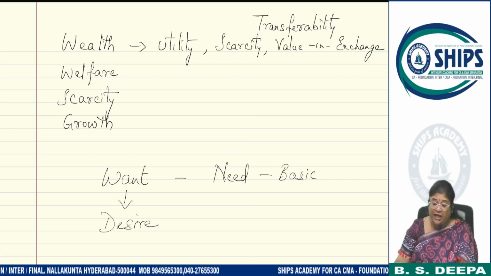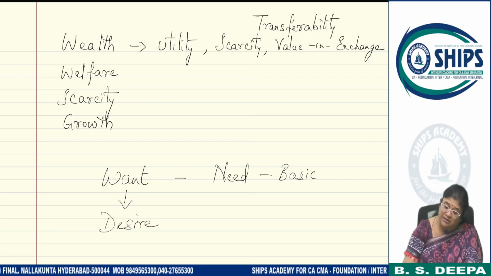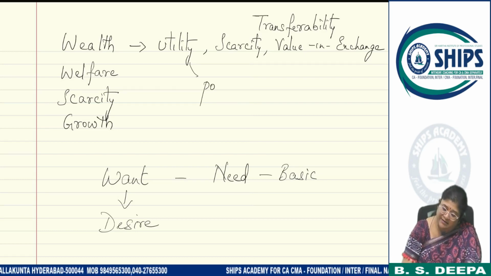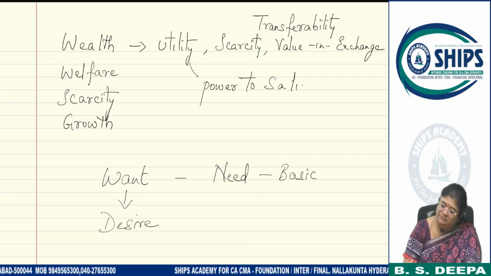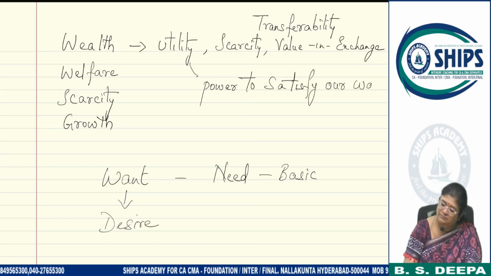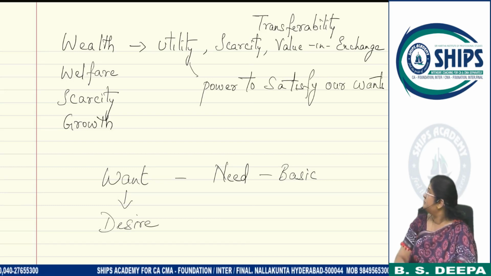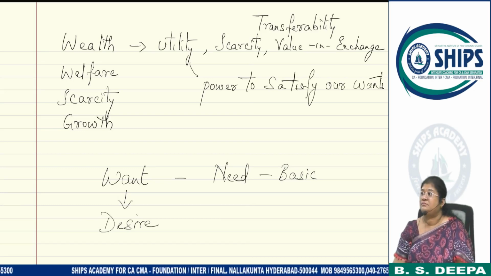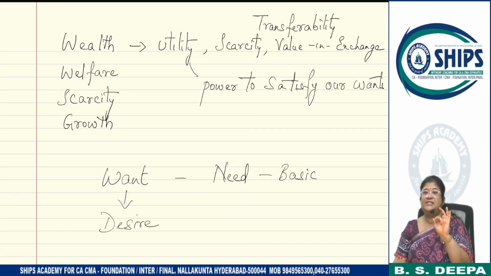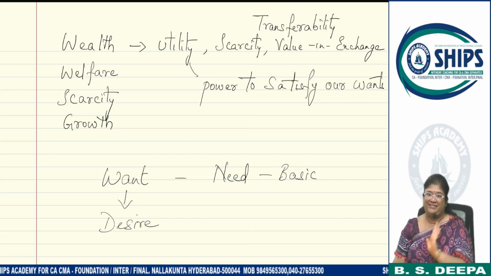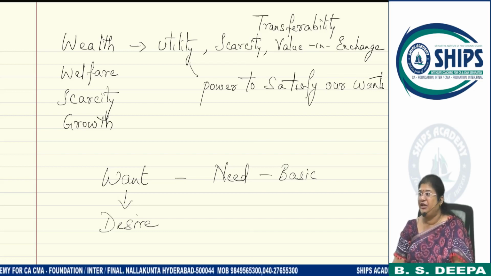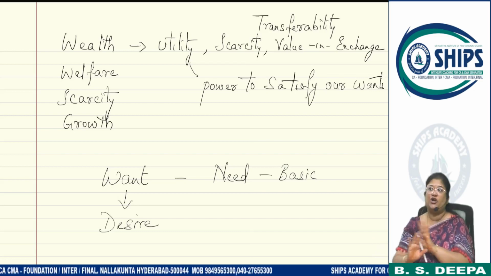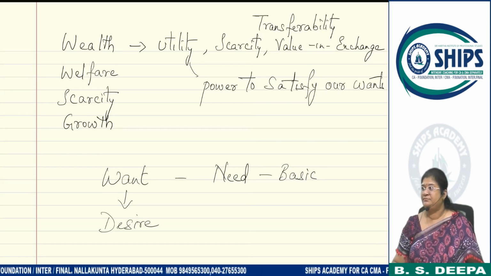Utility is the power to satisfy our wants. Now this is the first feature of wealth, that it should have utility. If it has no utility, it cannot be called wealth.